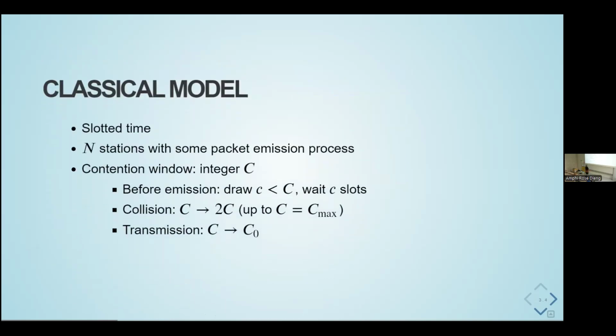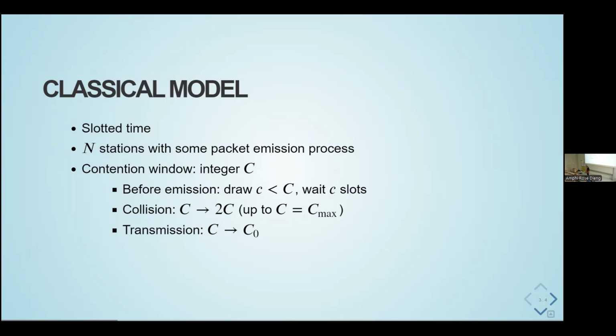And there are many models for Aloha. I will just give you one of the main classical ones. So you imagine that your time is separated into slots, and you've got a certain number of stations, each one with its own arrival process of packets. Choose whatever you want, we don't care. And you've got this notion of contention window.